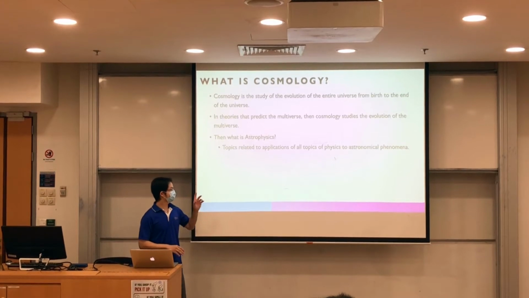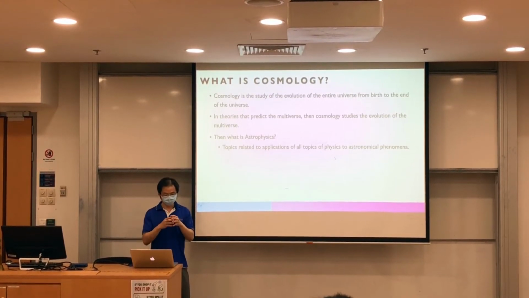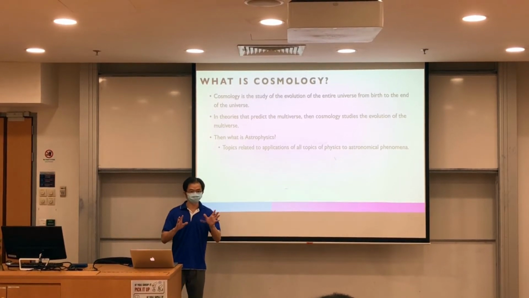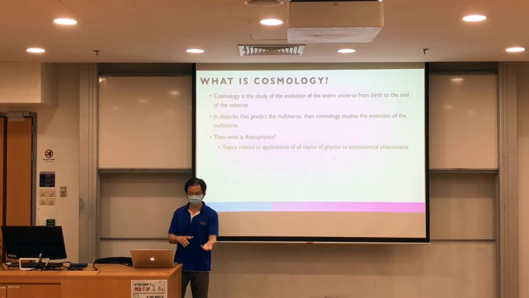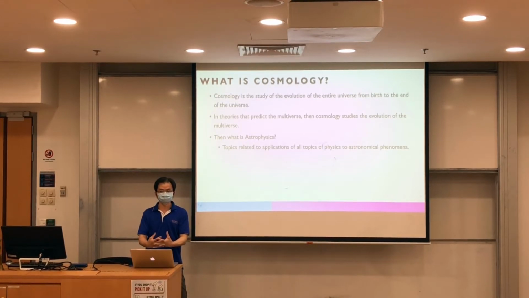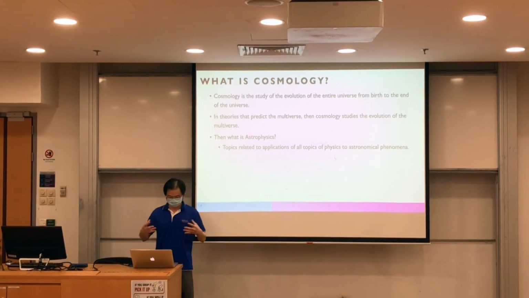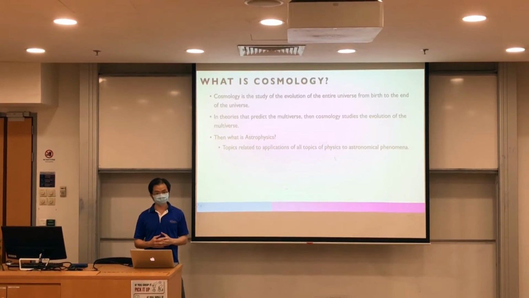Basically, astrophysics means the application of anything in physics to astronomy, anything. Which includes, for example, nuclear physics. You apply it to astronomy, that will be the nuclear fusion in the core of the stars. So that's included as well.